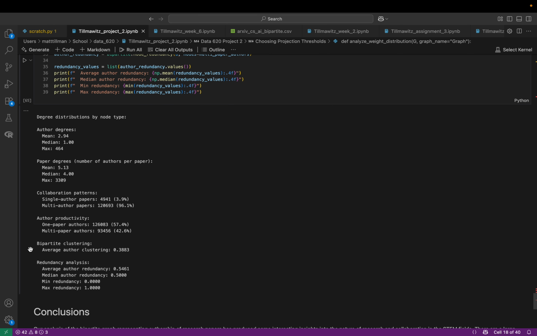Looking at the full bipartite graph, we can see some relatively interesting summary statistics. The vast majority of authors, once again, contribute a single paper. However, the strong right skew of the data suggests that there are significant prolific authors present. And papers, once again, are very collaborative.